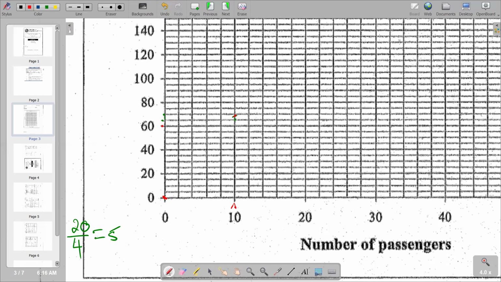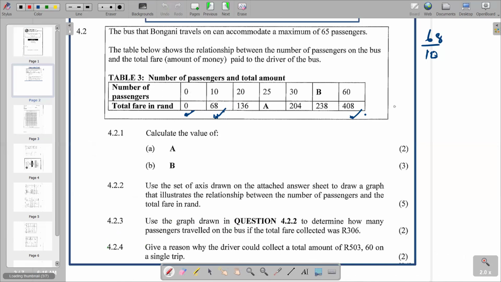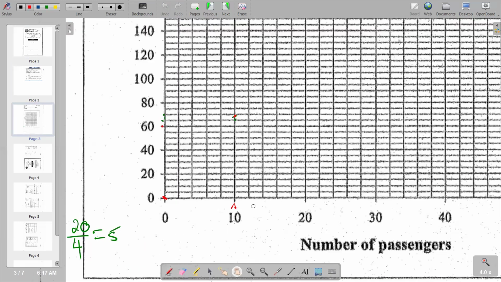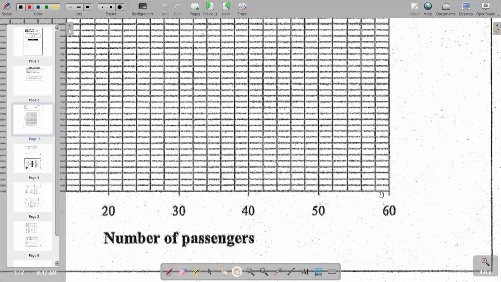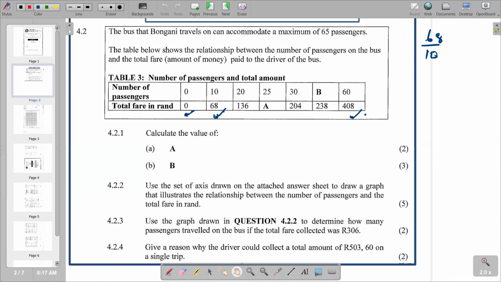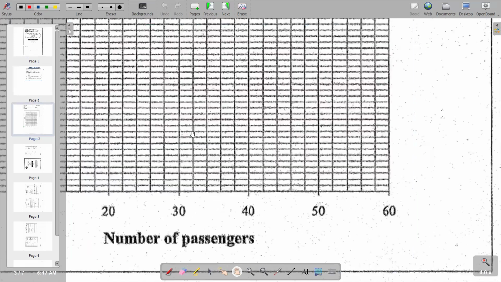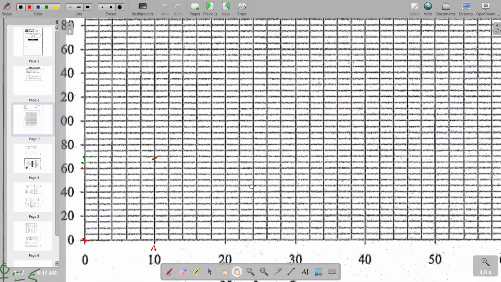Having that point now, we can try to locate the last point that we are given, 60 number of passengers. If you go on the horizontal axis, we've got number of passengers here. And on the vertical axis, we've got 408. So 408, we come here again.